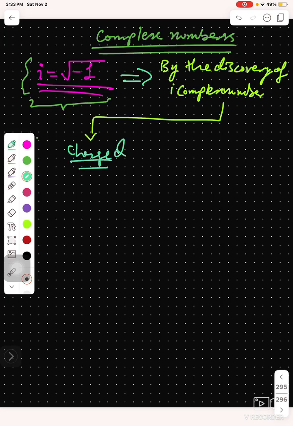Now easily wherever we had a problem we could use complex numbers to solve it.